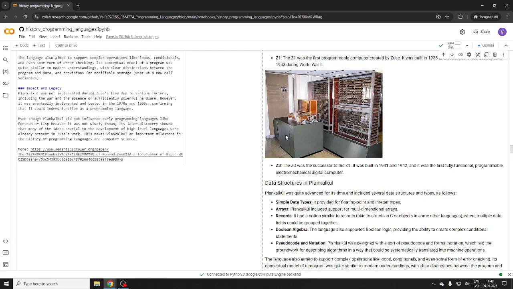But yeah, so going back to Plankalkül, cool, because this is really the first real programming language, because it has simple data types, it has arrays, and records. So what are records? Like a structure in C or C++, right? Boolean algebra, right? There was also sort of pseudocode as well.